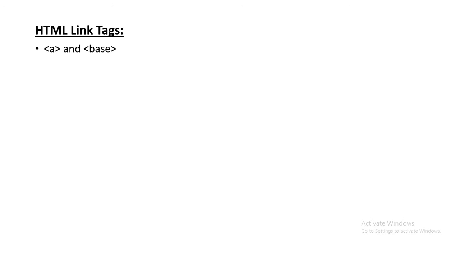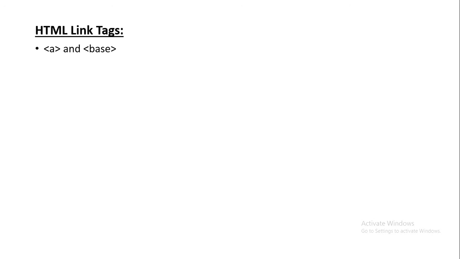It must be used at the topmost level. The base tag will be used in the head tag, and it should be at the starting point, because whatever tag you use later can use the base tag's default link as a reference.